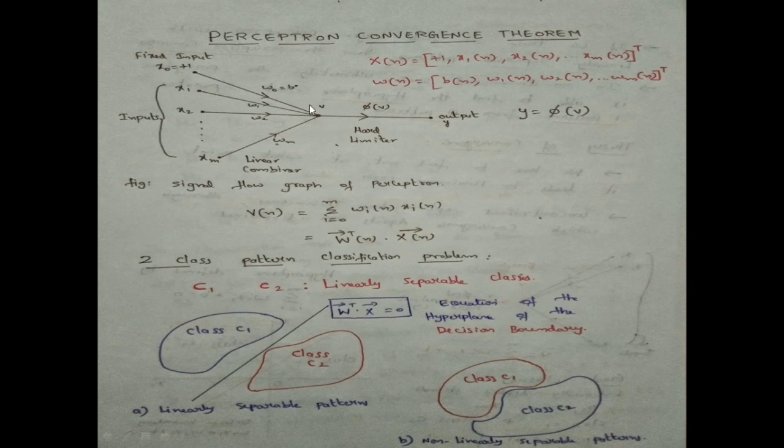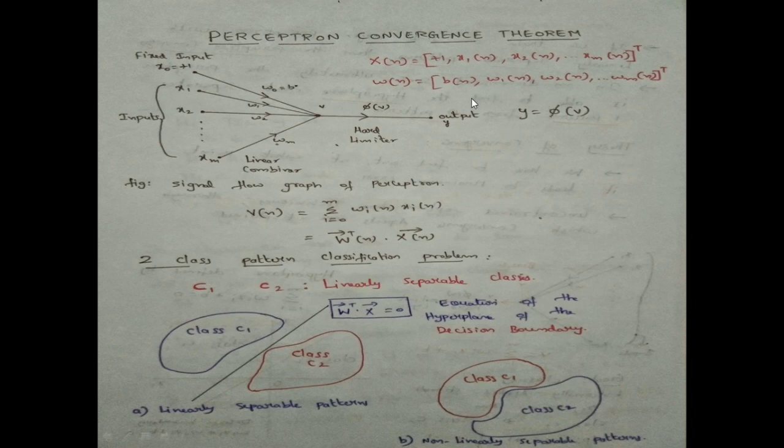Next, v is given to phi of v, which is the hard limiter, wherein this hard limiter is going to transform the value of v into the output. So the output y is given by phi of v. This we have already discussed in the previous sessions.